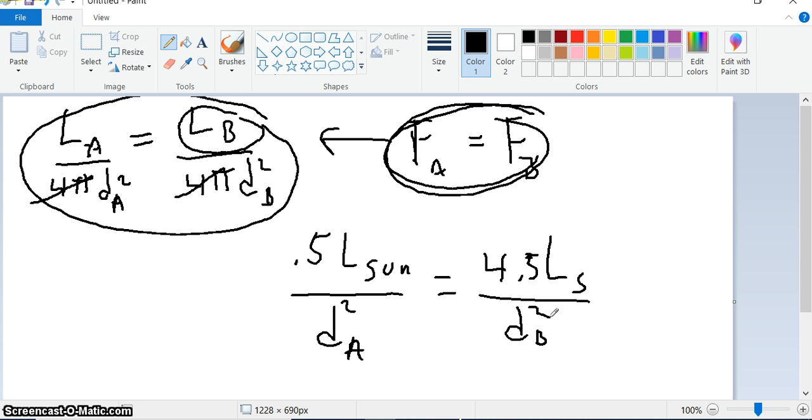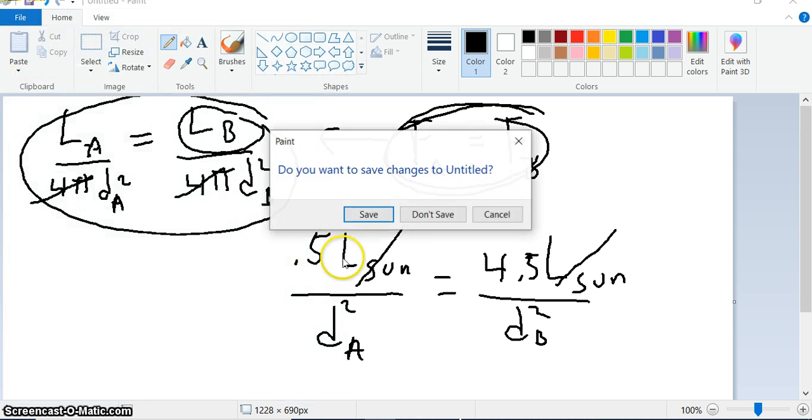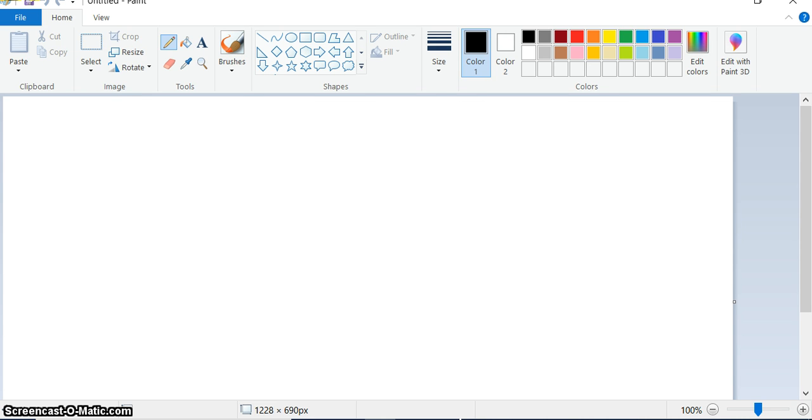The luminosities of the sun cancel, and if we rearrange the equation, just cross multiply, the d sub A squared comes over here, the d sub B squared comes over there, and so it looks like, let's just do this.